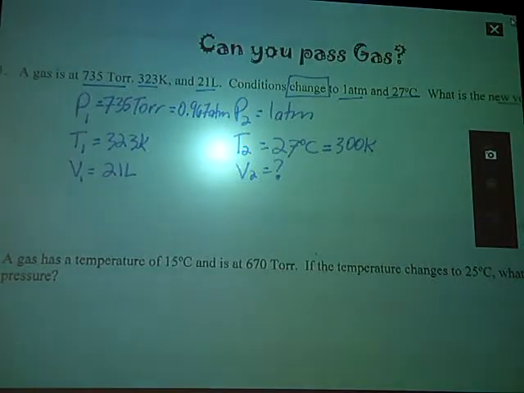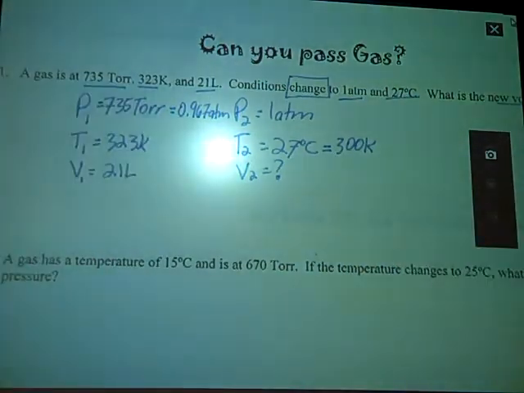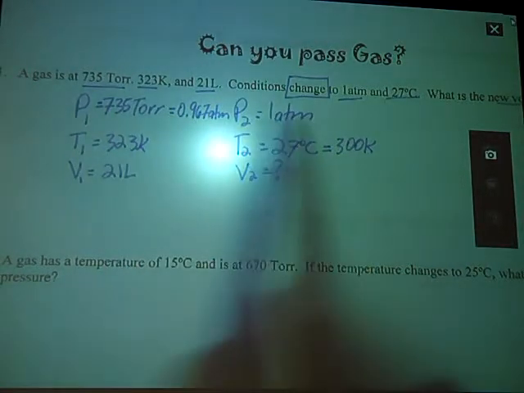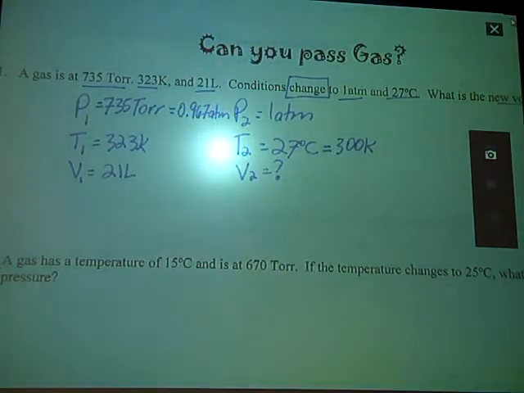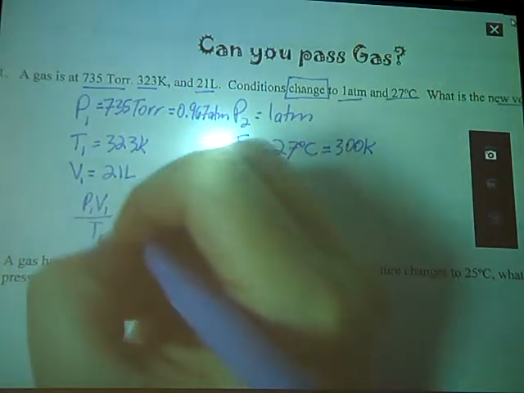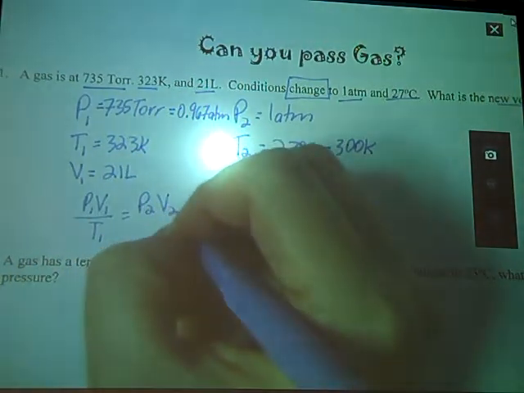I like to write the variables side by side like this because it makes it easier for me to notice when something is staying the same. I can just look across the board and see which variables are constant, which variables are changing, which ones am I missing. So since I have all three of these, I'm going to need to use the combined law.